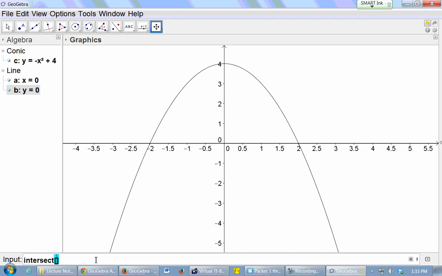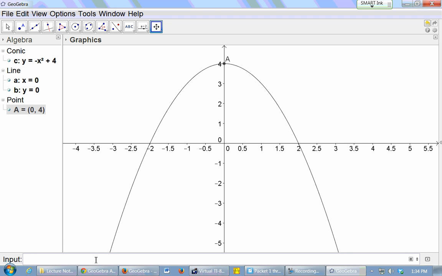So I'm going to type in C, comma A, because those are the things I want to know where they intersect. So GeoGebra names things as you graph them, and then you can refer to those names in other commands. So it plots the point 0, 4, and that's the place where my graph intersects the y-axis.